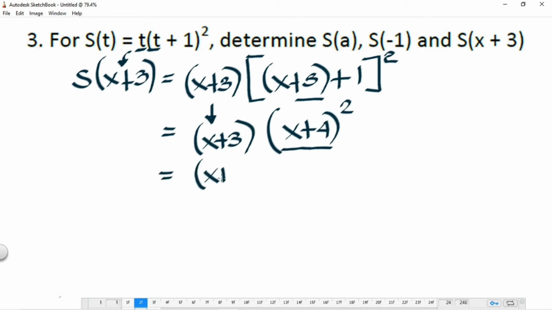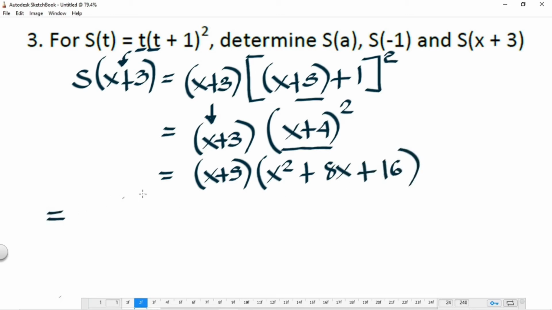X plus 3 multiplied by x raised to 2 plus 8x plus 16. We can also perform distributive property for this example. We just have to multiply each of this term here by all of the terms inside this parenthesis. Let us start with x.